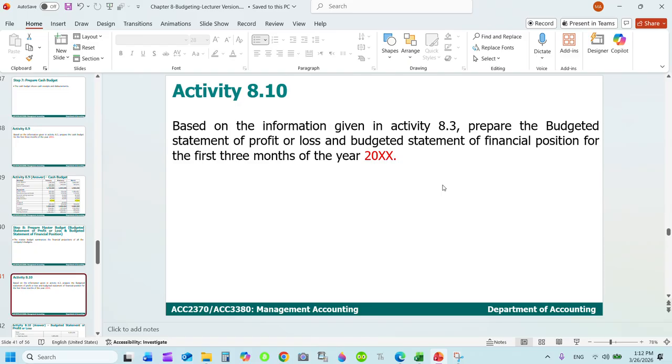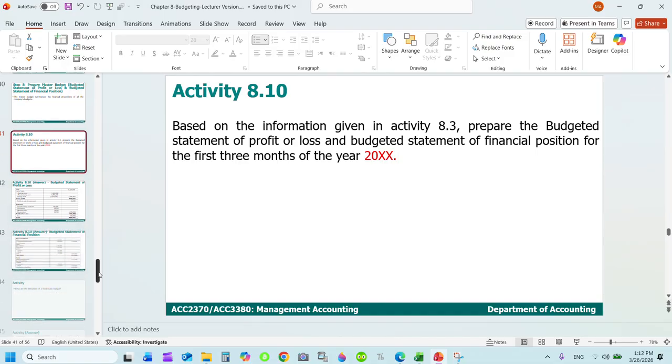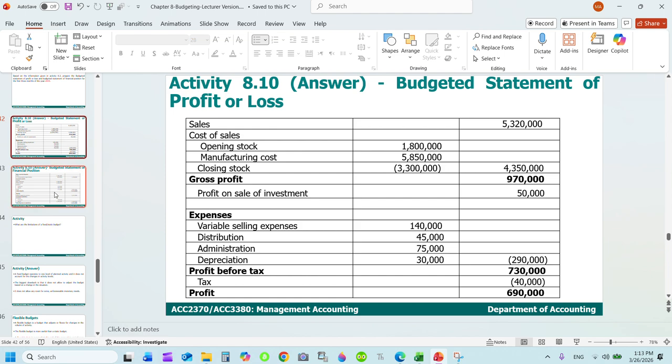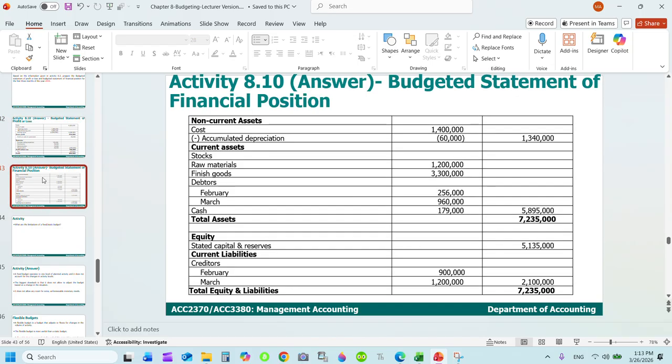If you have any concern about any of these clarifications, let me show the answers. Show the answers for the P&L and the balance sheet. Then you can compare your answers with the suggested answers.